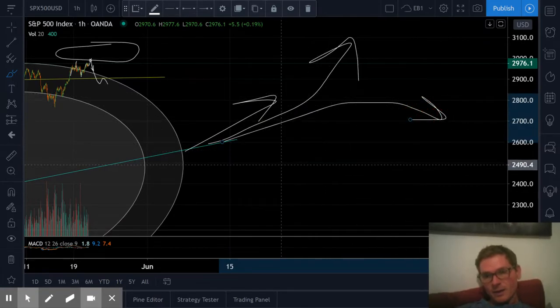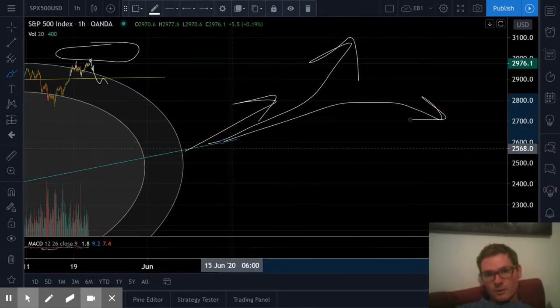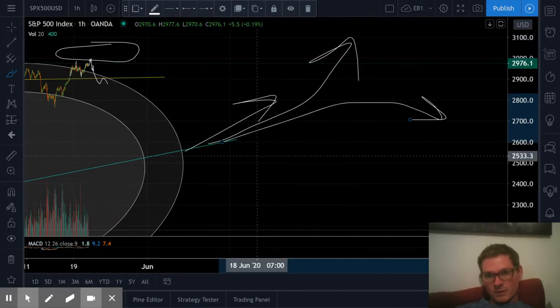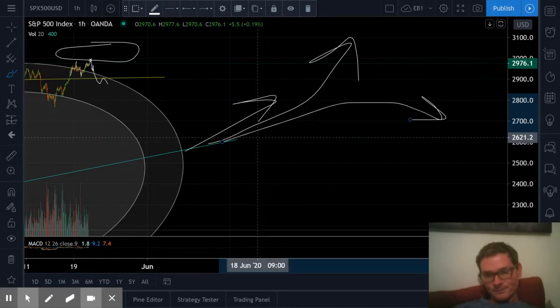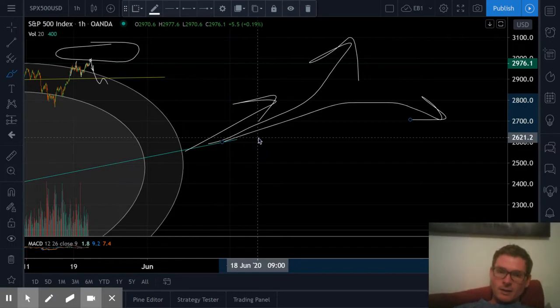And I guess it'll pretty much show you what the shape of the recovery is going to look like just looking at interest rates.